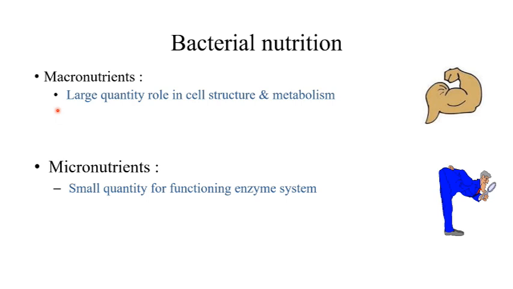Macronutrients are required by bacteria in very large quantity and help in the cell structure and metabolism of bacteria. Micronutrients are required in very small or tiny quantity for bacterial functioning and also the enzymatic system of bacteria.